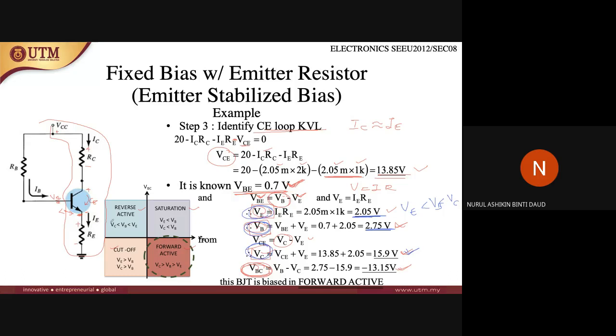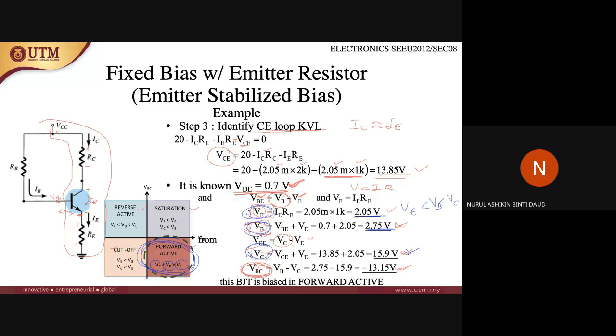So in which region is this transistor? You can see here VC is larger compared to VB, and VB is larger compared to VE. So this transistor is working in the forward active region, okay?